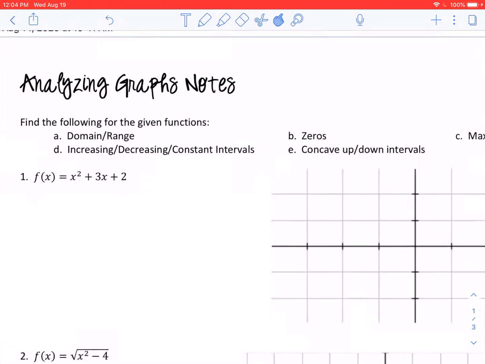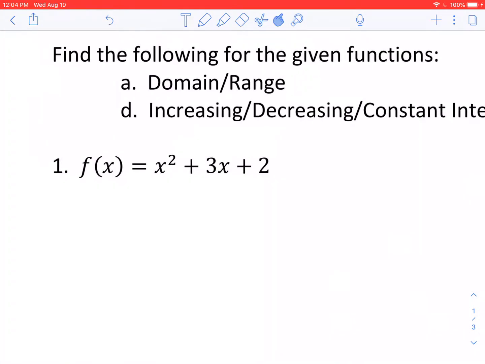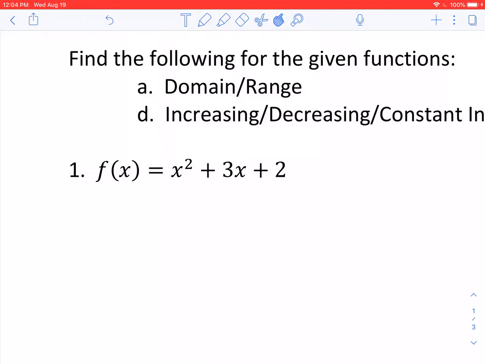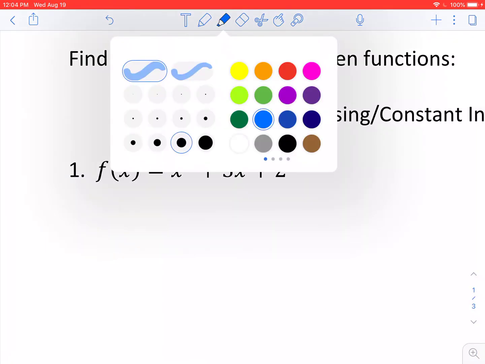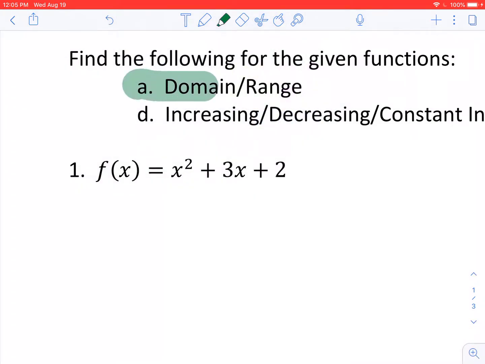So, given a function like the function here in number one, if I am trying to find the domain and range of this function, then how are we going to do that?